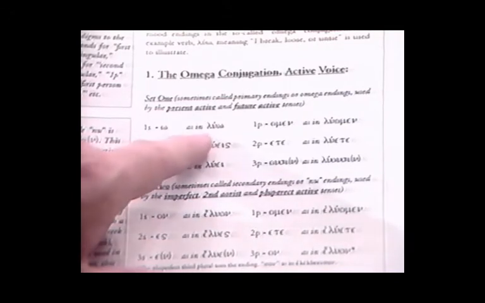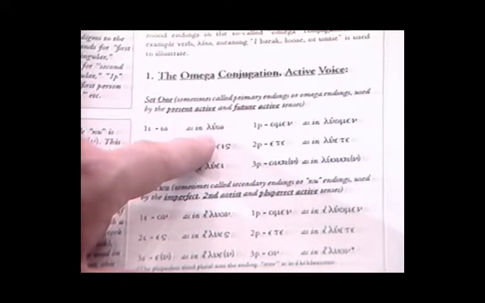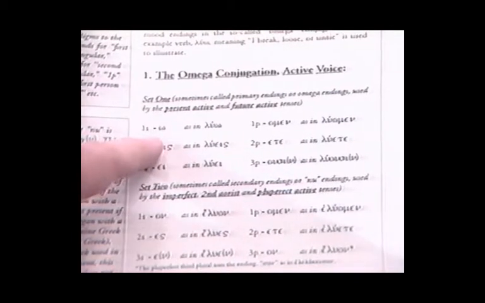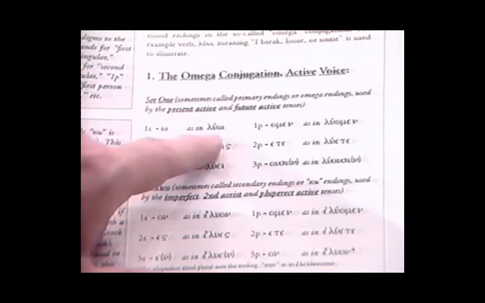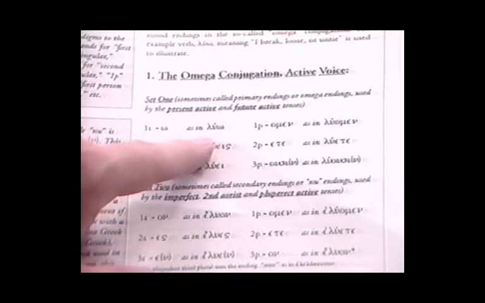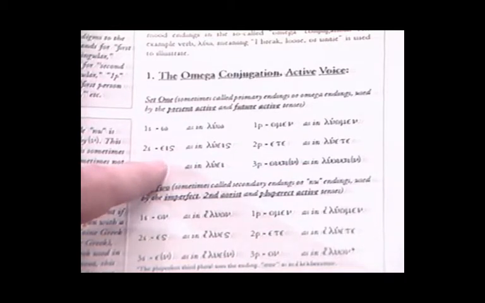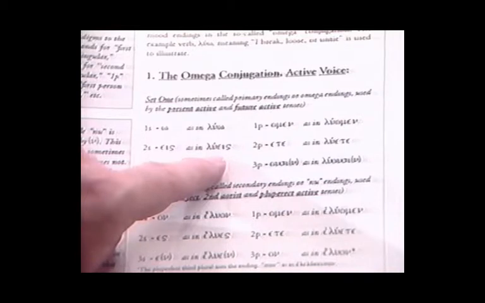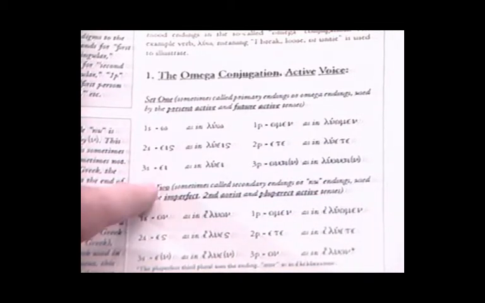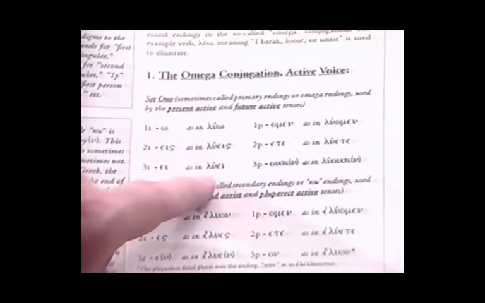I show you an example of this ending as it is used in the verb luo, the first person singular omega, and you see the omega on the end of the verb. The second person singular ending ace, as in luace. The third person singular ending as in the verb lue.